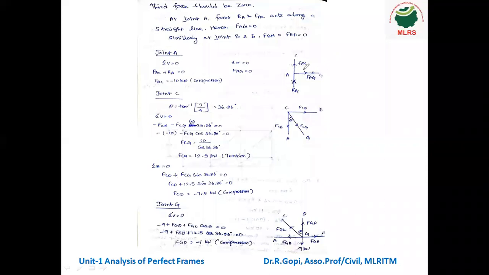In joint A also, FAG, there is no opposite force or reaction, there is no opposite member. So obviously FAG is equal to 0 and FAC is minus 10 kilonewton.